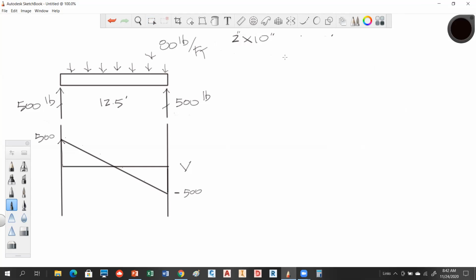Where do you find timber information? Let's look under Appendix D on page 644. Appendix D, page 644. Anybody see a 2x10, what the actual dimension is?